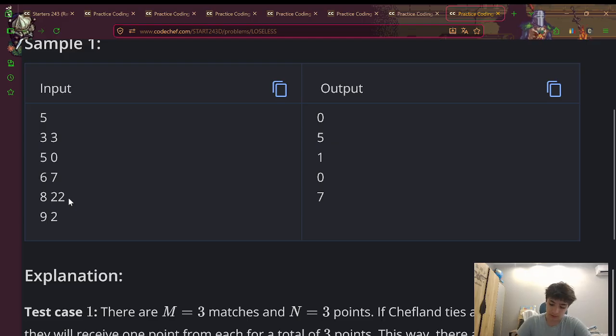Okay, so 22 and 8. So 22 is matches and 8 is score. So typically if we divide 22 by 8, what could we get? I think it is 2. We get 0. How is it even possible?